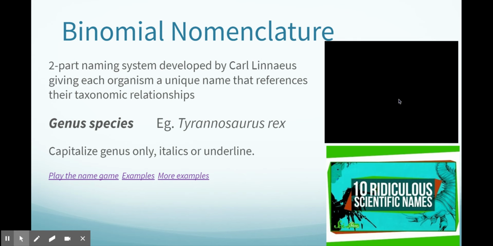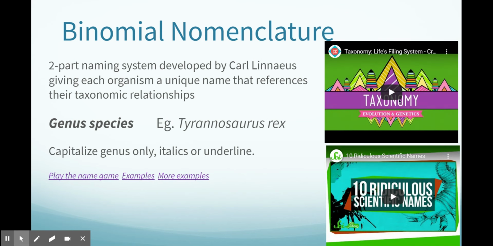When we're talking about an individual organism, there is a naming system that was developed by Carl Linnaeus, and it's called binomial nomenclature. Binomial just means two names, and nomenclature means naming system. You are probably familiar with this already. You've heard Homo sapiens or Tyrannosaurus rex, and those are binomial names.